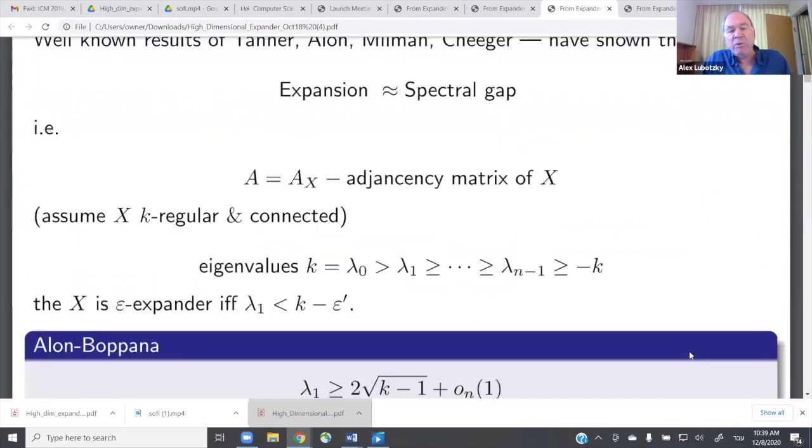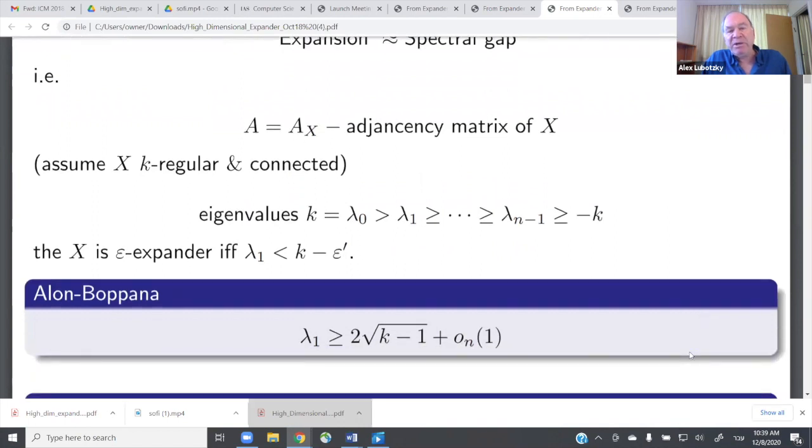This means that if you look at the adjacency matrix of the graph, and the graph has n vertices and is a k-regular graph, then it's not difficult to see that, because it's a symmetric matrix, all the eigenvalues are real, and they all lie between k and minus k. k is always an eigenvalue, and minus k is an eigenvalue if and only if the graph is bipartite.